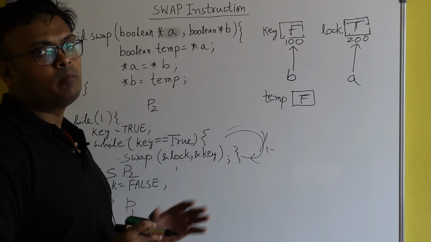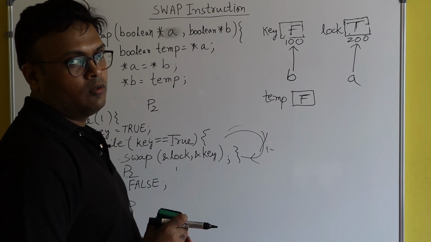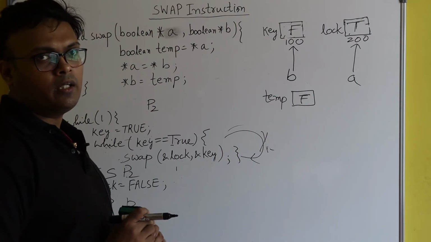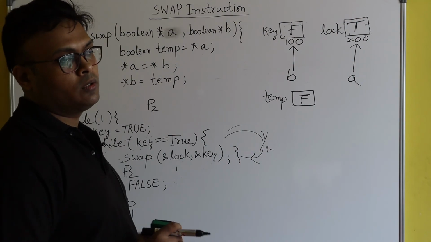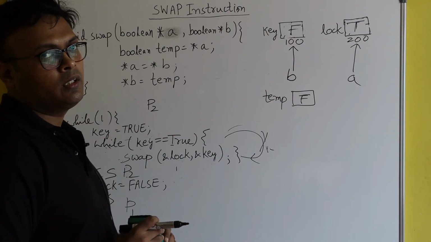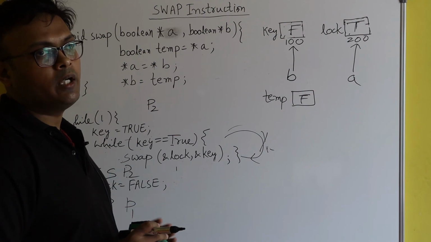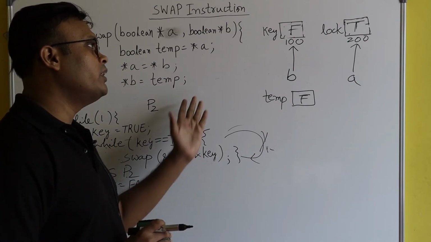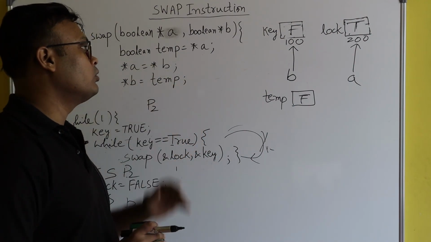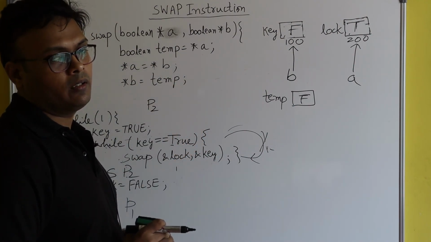But there is no bounded waiting at all. You can check as I have explained in the test and set instruction: there was no bounded waiting there. The same thing will be here also. There will be no bounded waiting.